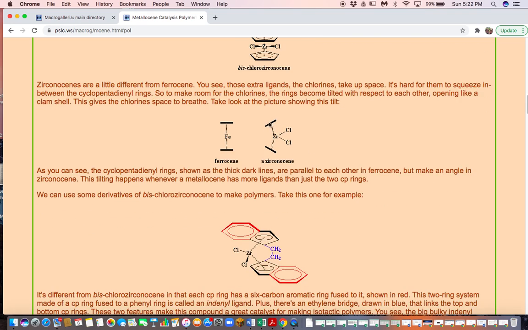All right, so there are some modifications that you can make to these cyclopentadienyl rings. You can make several different types of zirconocenes, right? You can put other stuff on them. When we use this to make polymers, we actually use derivatives of this that often have extra aromatic rings fused to the side, like in this one.